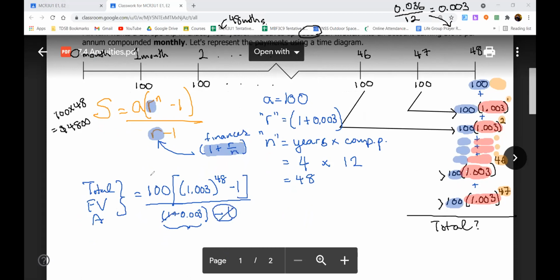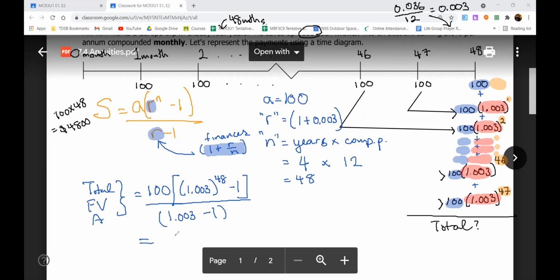So you can actually remove that altogether and just leave it as the 0.036 divided by 12, right? You can just leave it at that. For now, let's get used to the formula. You can do the 1.003 minus 1 like that, just as we were using the geometric series.